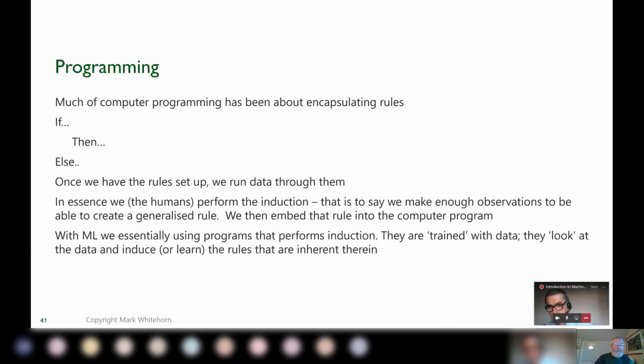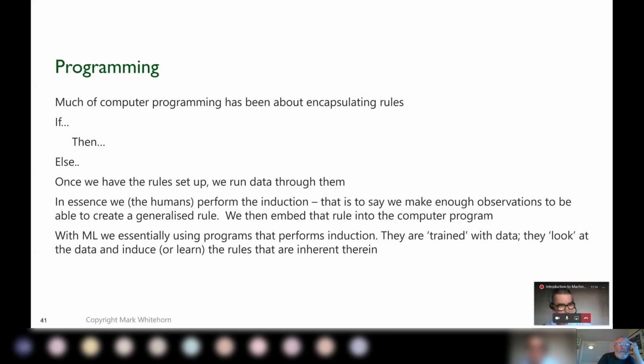If-then-else is what we use to encapsulate a rule. Okay, where did the rule come from? Well, it came from our heads. It came from the programmer's head, or it was given to the programmer by the financial director. But a human being performs the induction, thinks about the rule, creates the rule, and the programmer types it in.